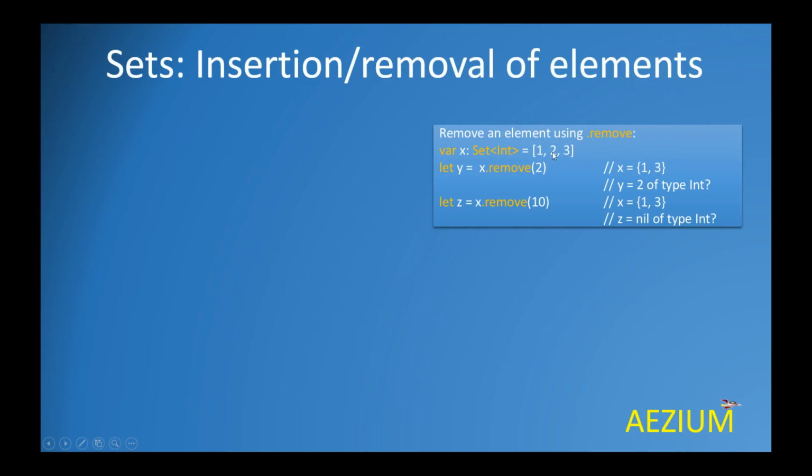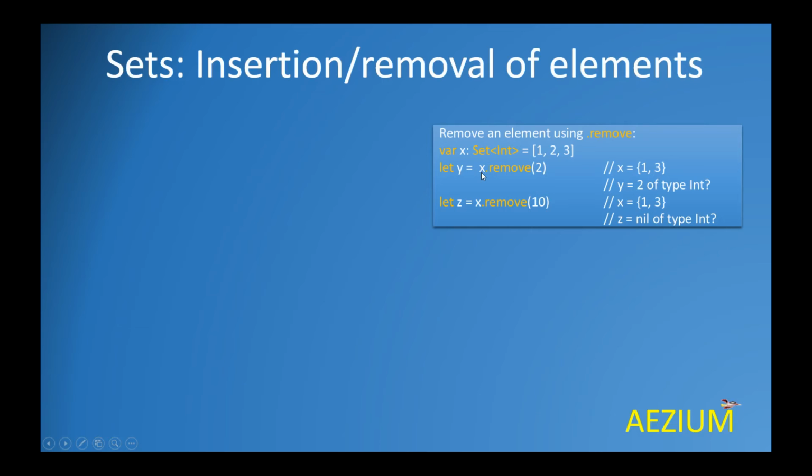An important thing here is that in the process of removing an element, that element may or may not be part of the set. If you don't know whether it is a part of the set, we could still use this operation, but because of this possibility that the element is not actually a part of the original set, the return value will be of an optional type.